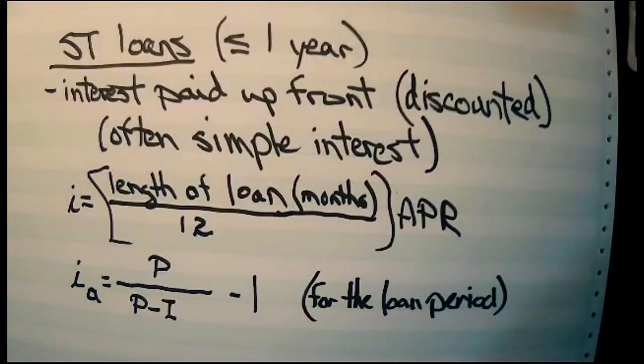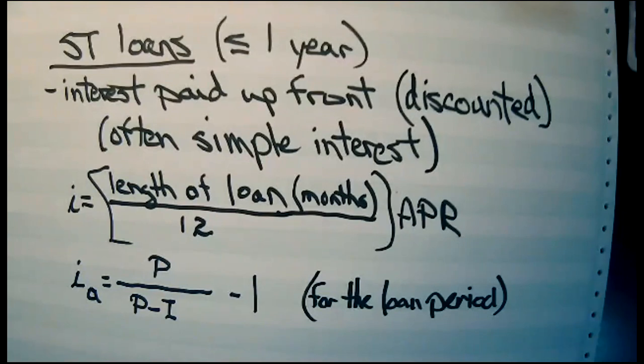How does this work? I've written up some things here, and we can look at these rules. So a short-term loan is less than 1 year, and typically simple interest is used.